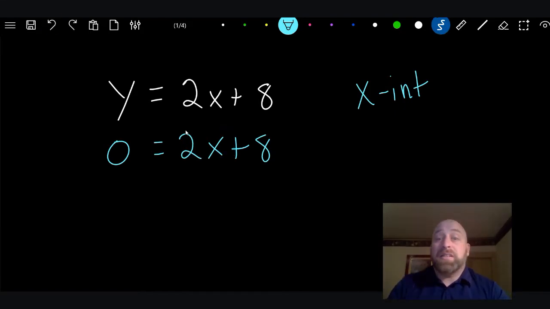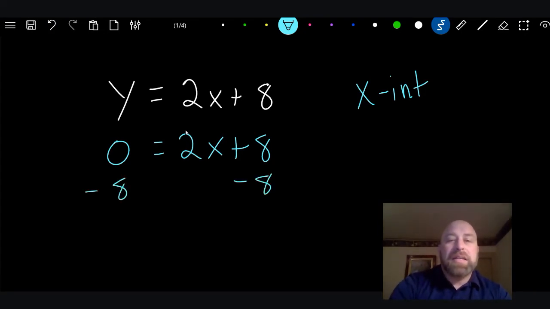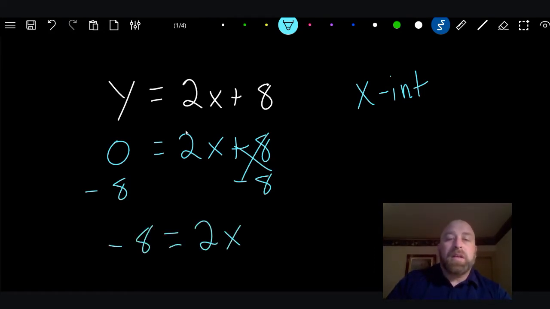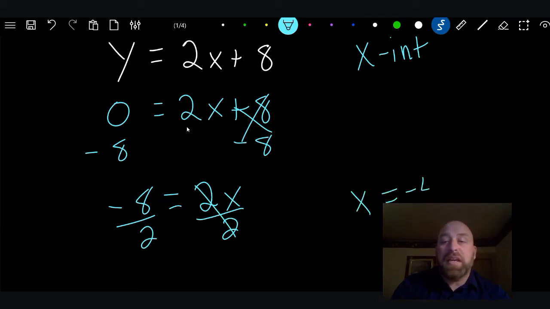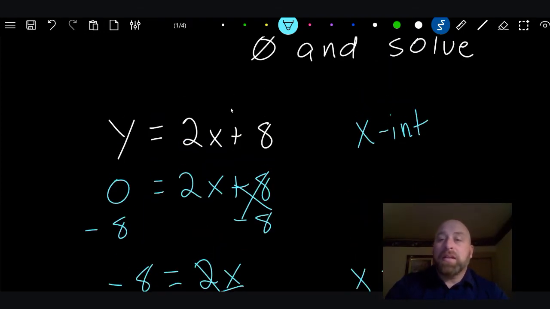We'll move the 8 to the other side, so we'll get negative 8 equals 2x. Then we would divide both sides by 2. That's going to cancel, and we would get x equals negative 4. So our x-intercept on this one is going to equal negative 4.